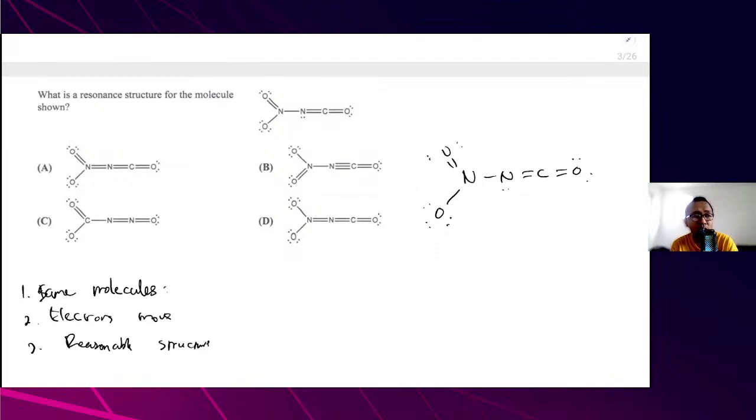To determine this, you will use the formal charge. Remember that structures with formal charge close to zero are more reasonable. Zero is reasonable, close to zero is more reasonable.